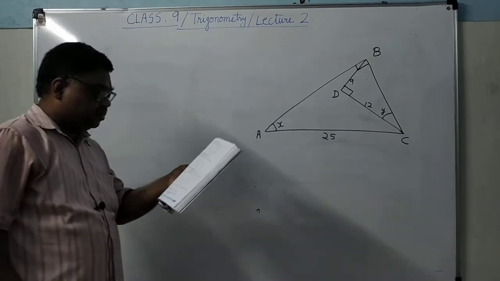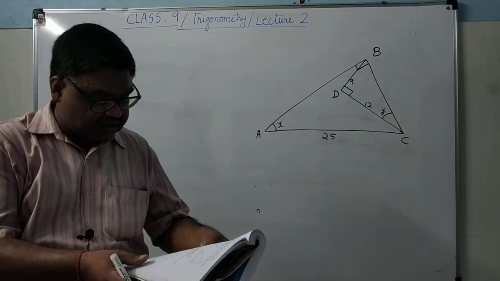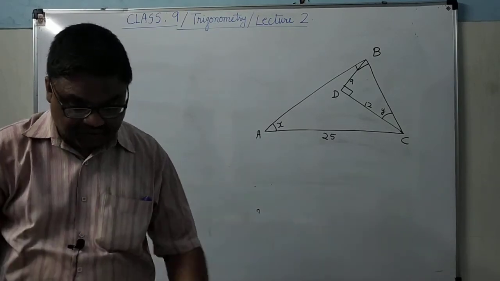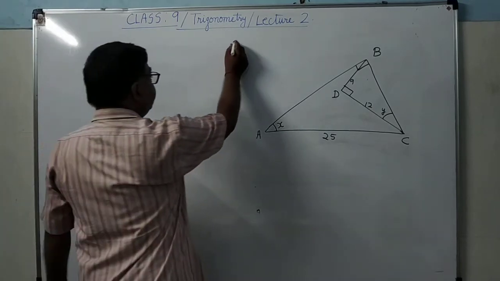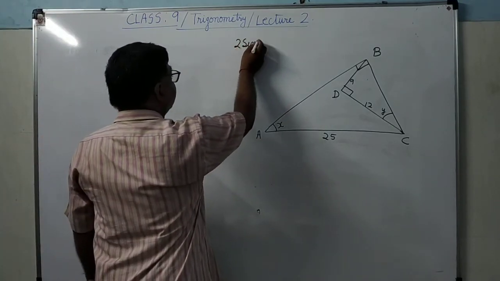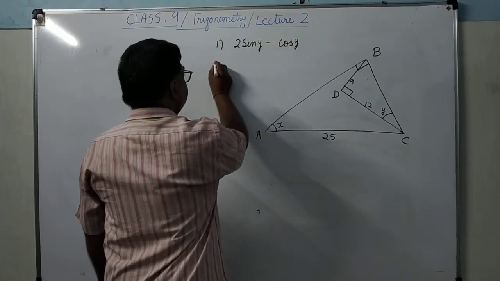So you can see here, nothing else is given, and you have to find these things. 2 sin Y minus cos Y. This is the first part.